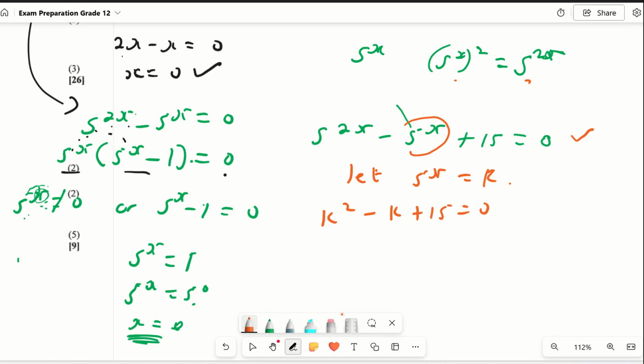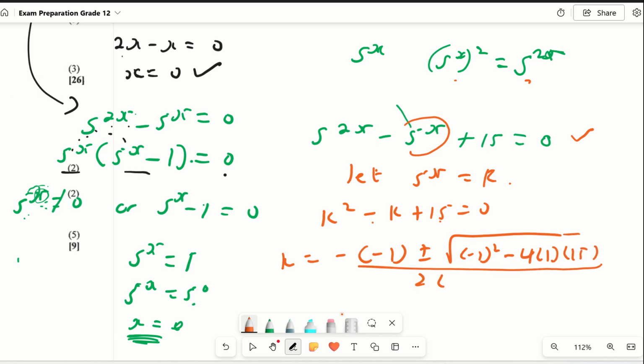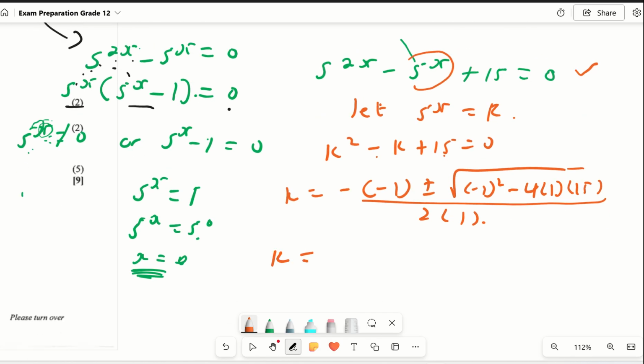Apply the quadratic formula and have k equal minus b, my b is minus 1, my b again is minus 1, like this. This will give you answers.